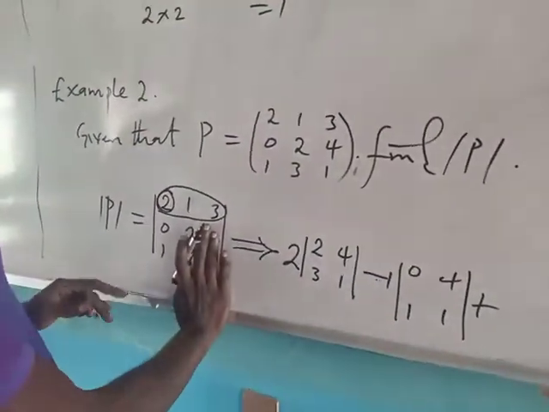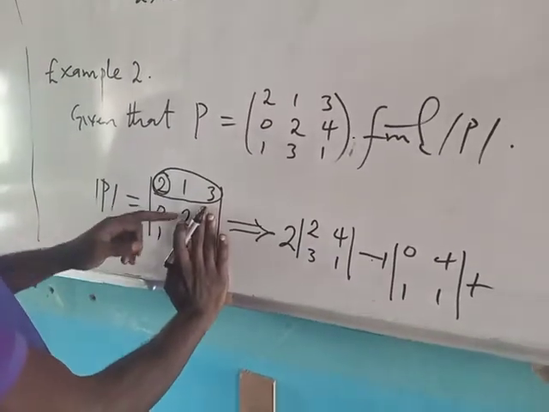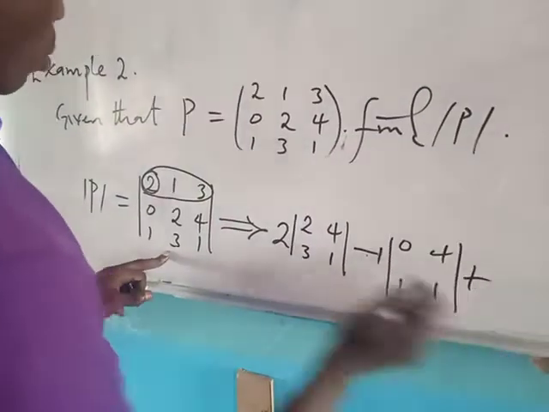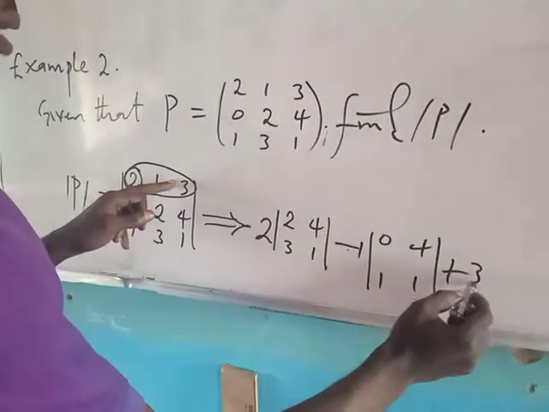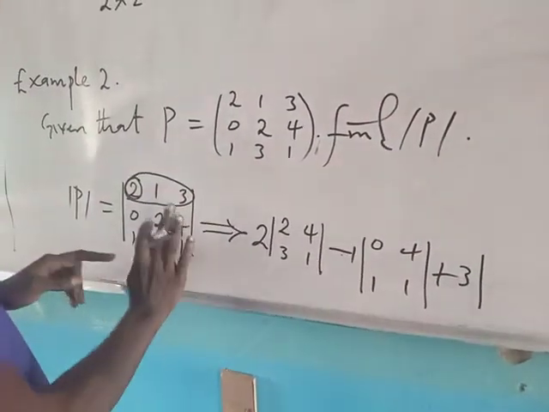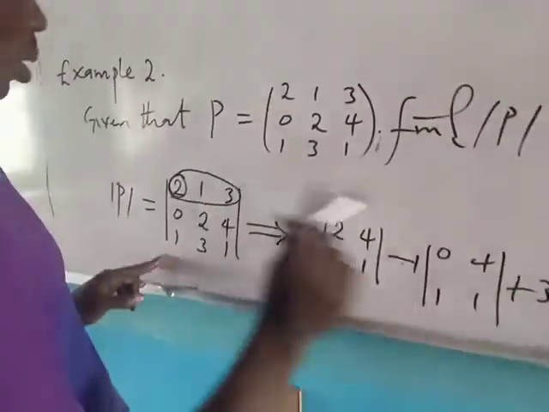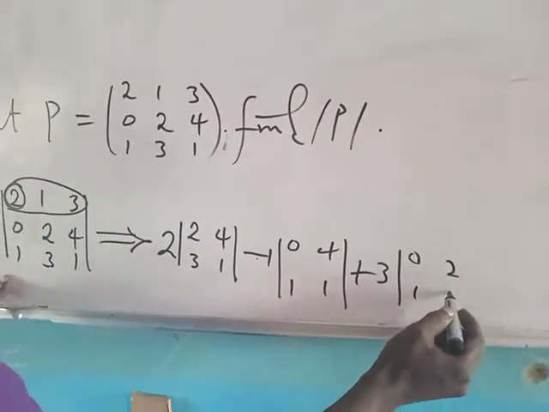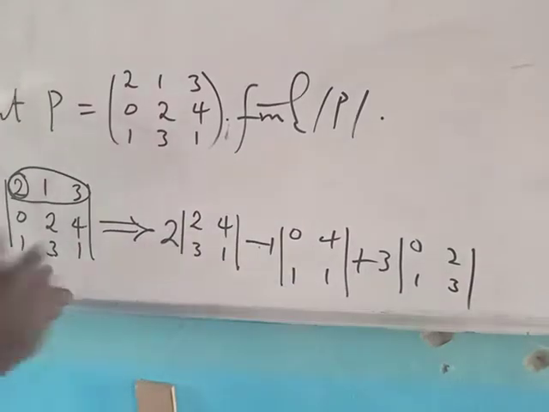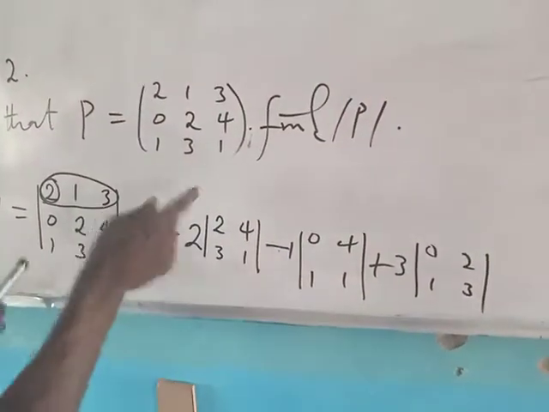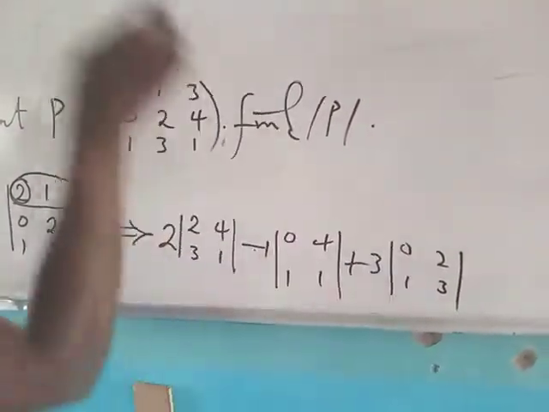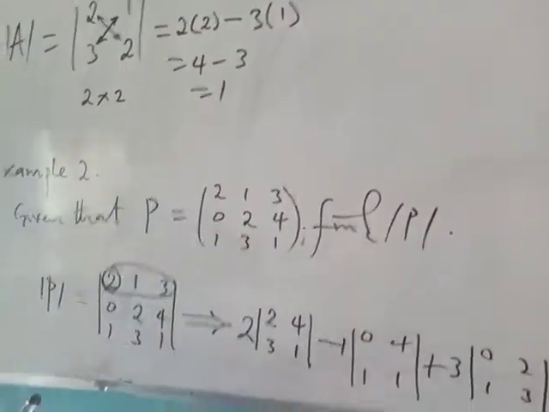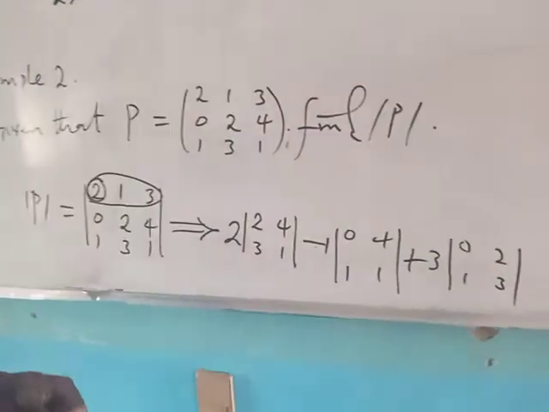We are not touching this, we are writing 0, 1, and 2, 3. Meanwhile, the element is 3. So we are going to simplify this. These are 2 by 2 matrices, just like this. So we are going to simplify this. And how do we do that?